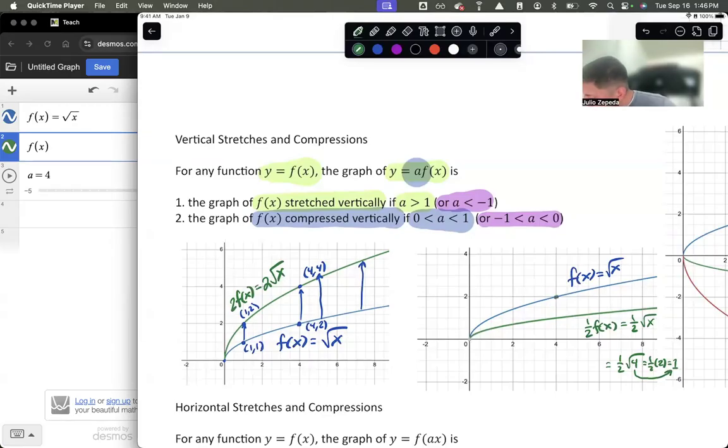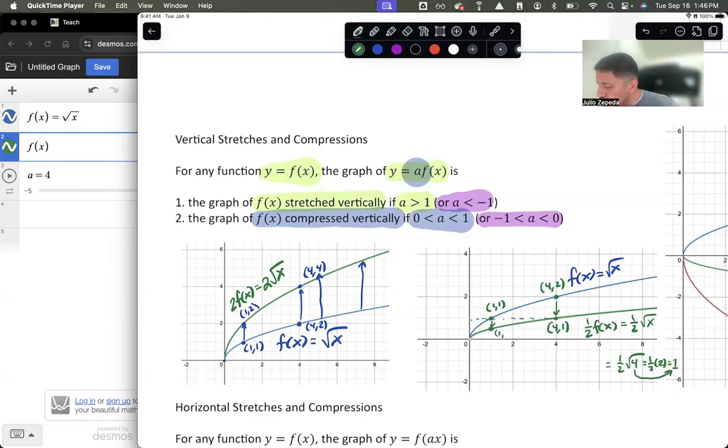And so we can see that the point that was (4, 2) in the parent function becomes, the y value gets reduced to half of its size and becomes (4, 1). Here's 1 right there. The point that we knew as (1, 1) before gets placed in a new place.